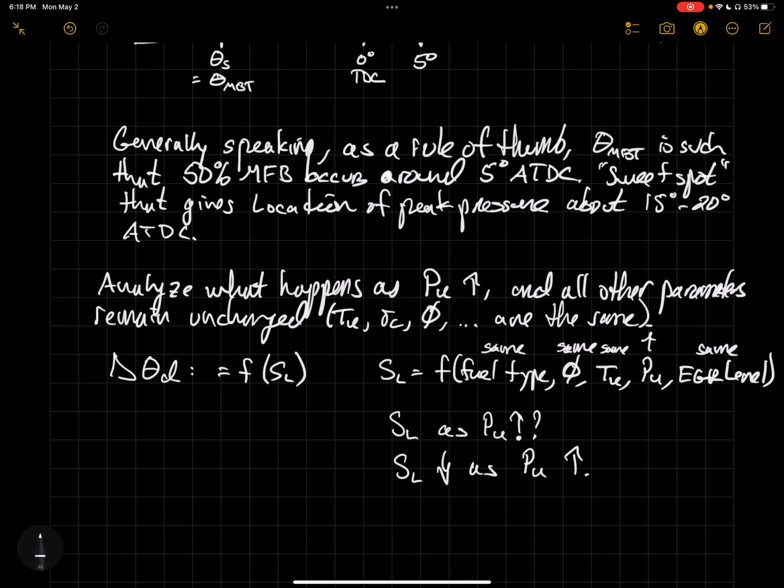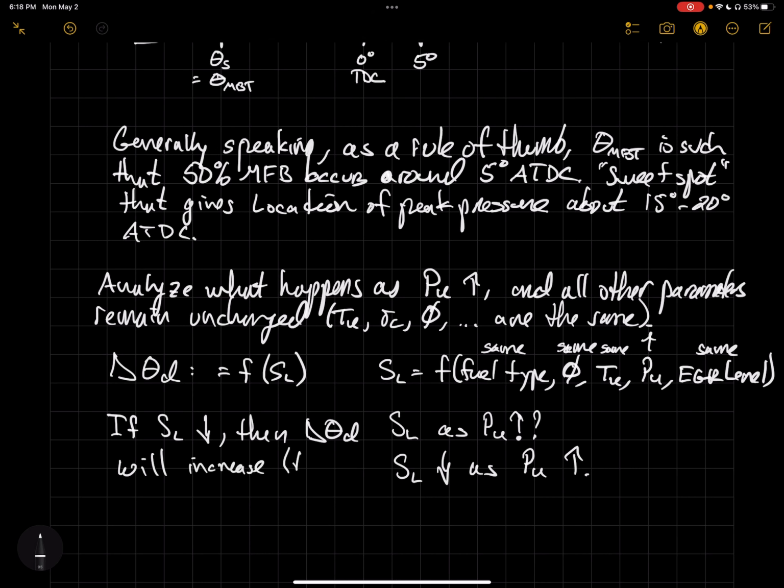Well, since that's the only factor that affects laminar flame speed, and laminar flame speed is the only factor that affects the flame initiation period, if laminar flame speed is decreasing, then the delta theta D, the flame initiation period, will increase.